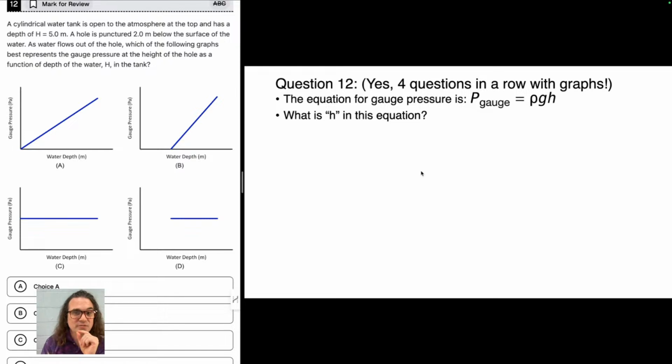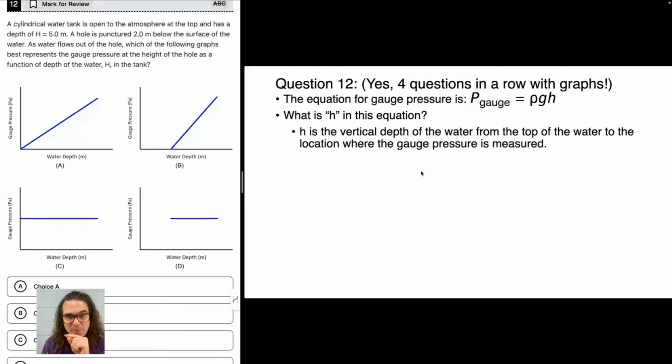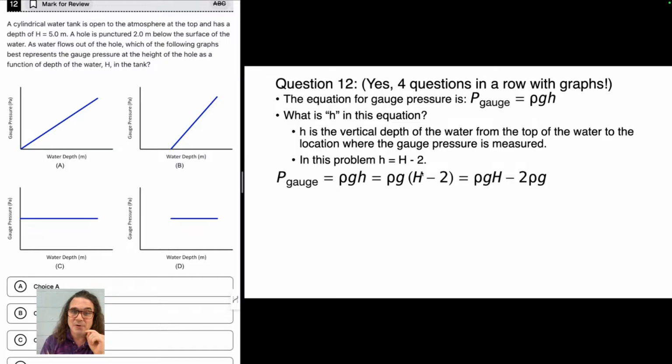So h is the vertical depth of the water from the top of the water to the location where the gauge pressure is measured. So in this problem, little h is equal to capital H in the problem minus 2, because that is the vertical depth of the water from the top of the water to the location where the gauge pressure is measured.